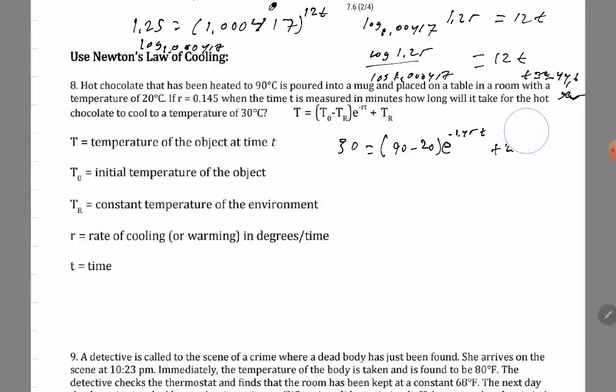Make sure you're working in Celsius, and make sure it's all Celsius, otherwise convert.